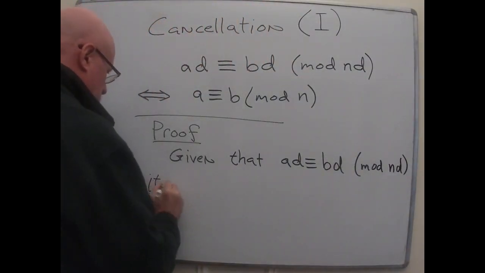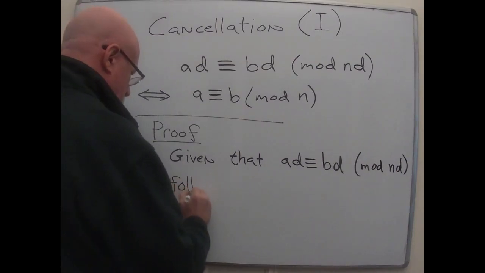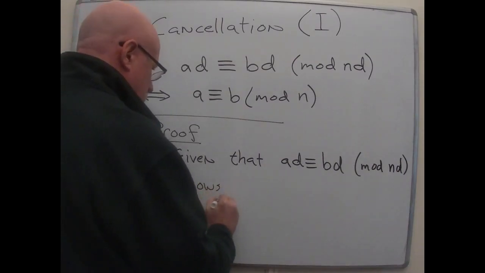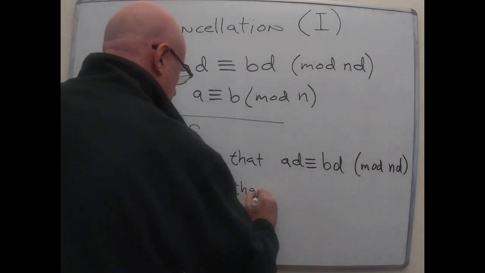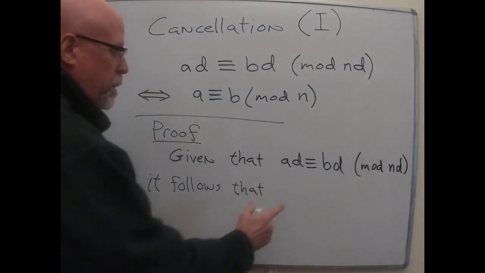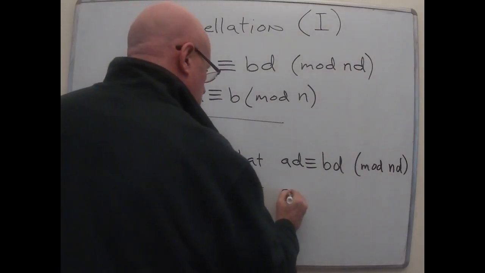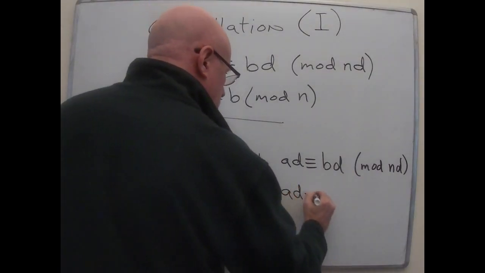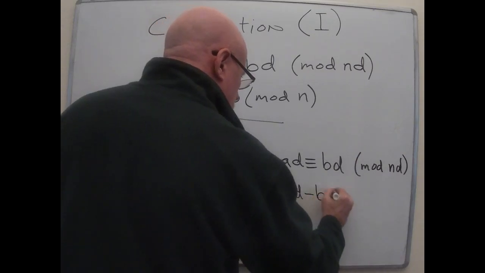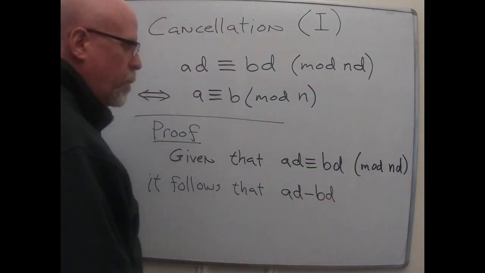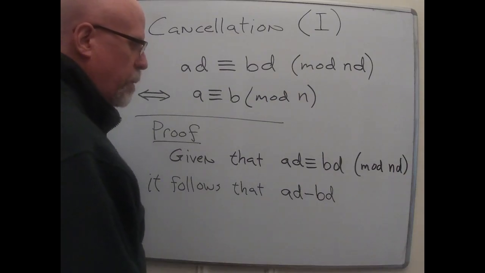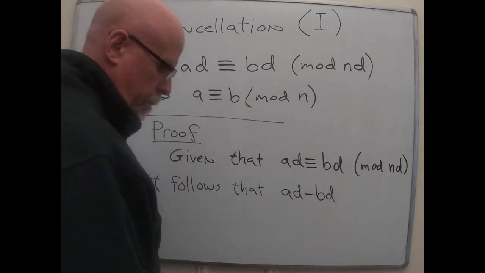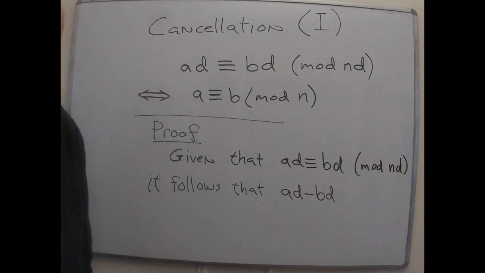It follows that the difference, AD minus BD, is a multiple of ND.